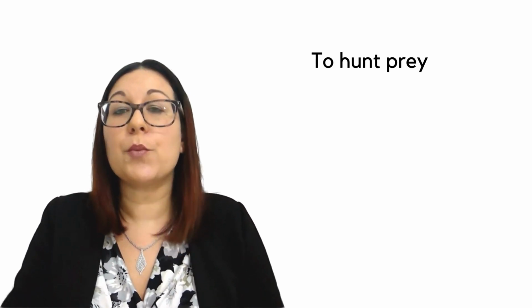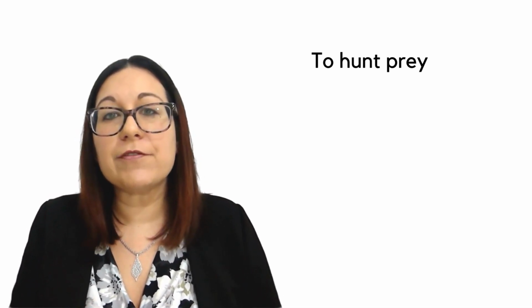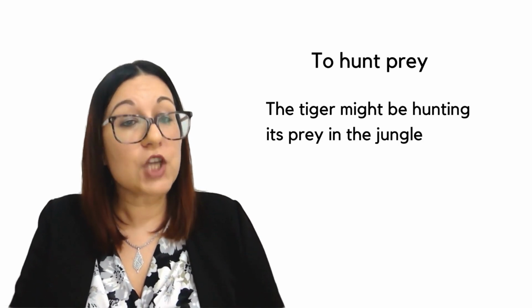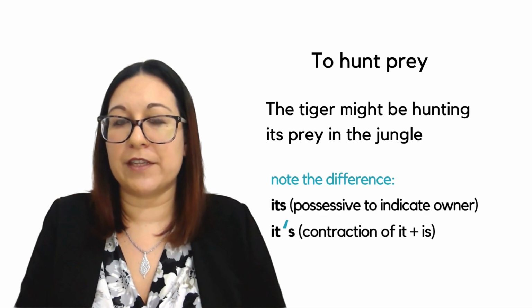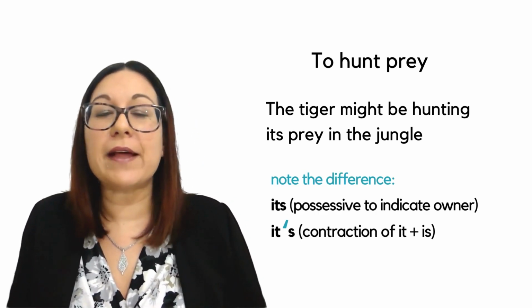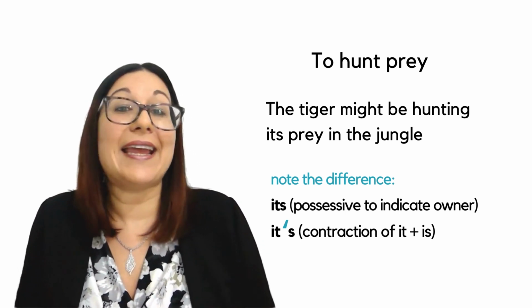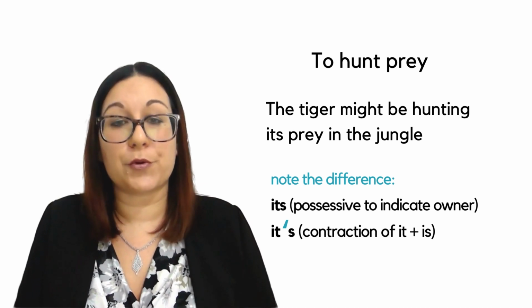You hunt prey. It's not a prey, it's not the prey. But if you want to be specific, you could say the tiger might be hunting its prey in the jungle. I don't know if this tiger is a male or a female, so I'm not going to say his prey or her prey. Let's just say its prey.